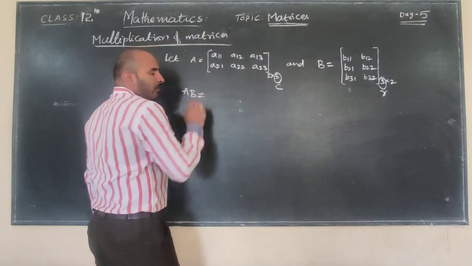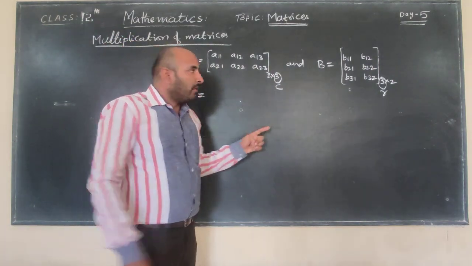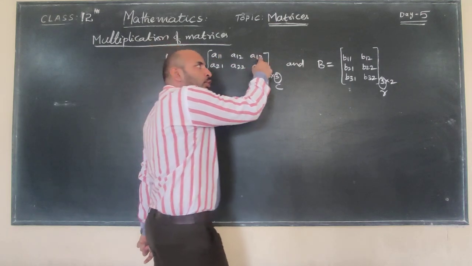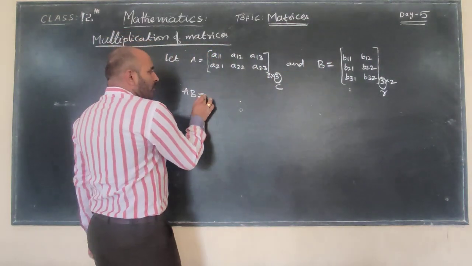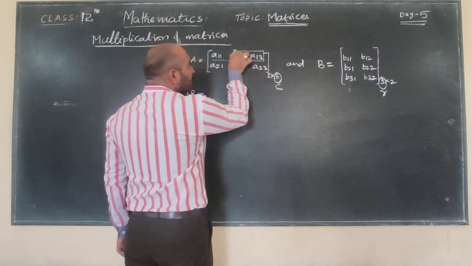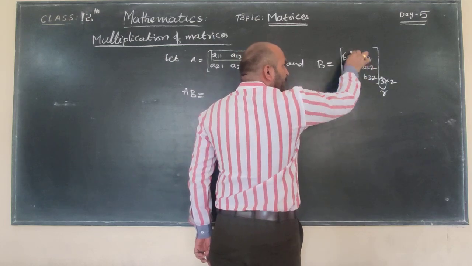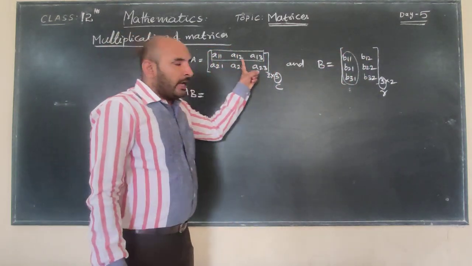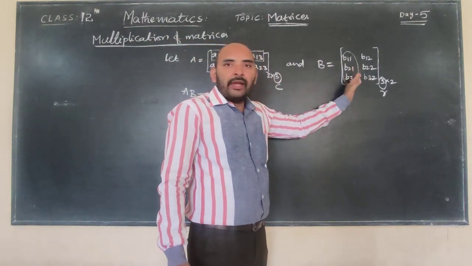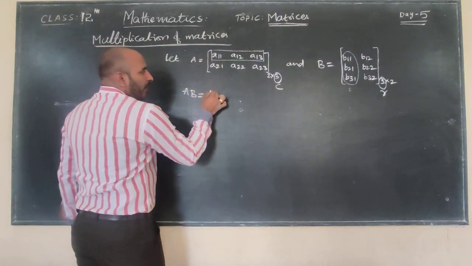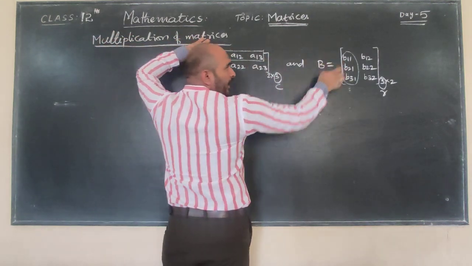So let us find the AB matrix. I gave the condition already: the sum of the products of the ith row elements with the jth column of the second matrix. So I am taking the first row elements of A and the first column elements of the second matrix.